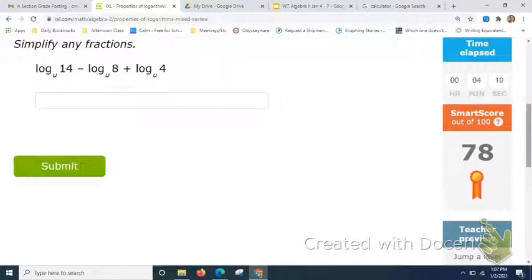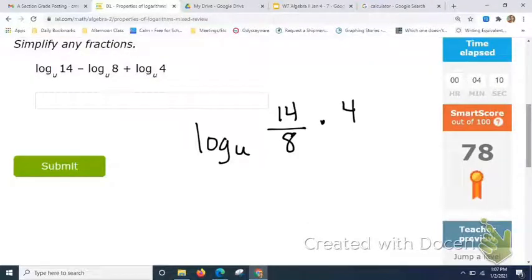So here, this first part is divided and then multiplied. So I'm going to have 14 minus the 8, and then times the 4. The 8 is the only one in the denominator, so the 14, you could do 14 times 4.